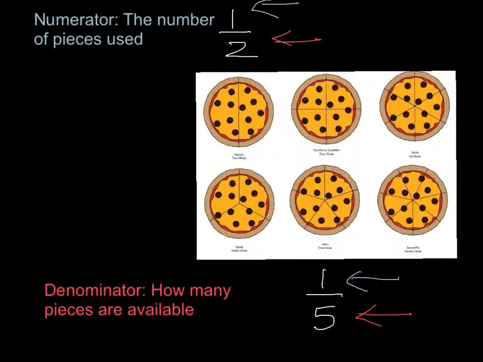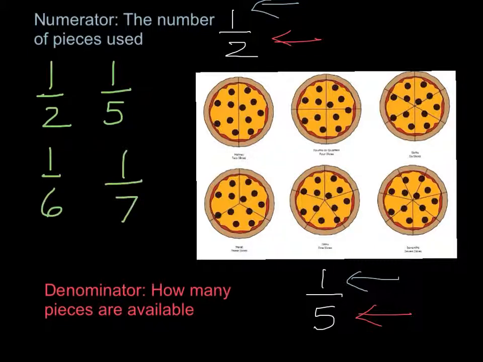So keeping in mind, if we compare a few of these fractions, like 1/2, 1/5, 1/6, and 1/7, if we had to think about which one was the biggest piece, we would have to say that 1/2 has the bigger pieces. How do we know that, you ask?